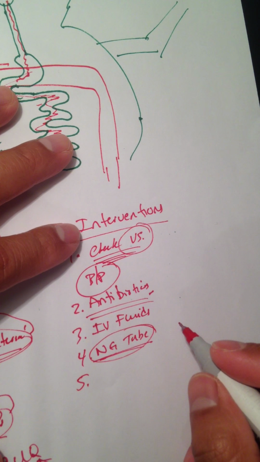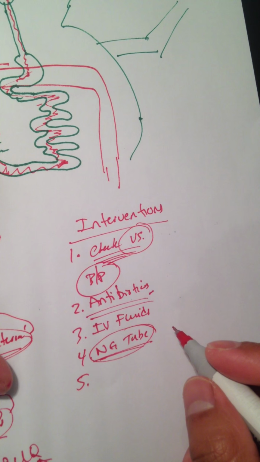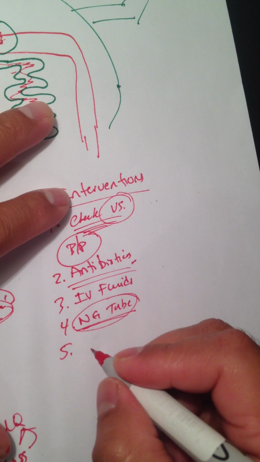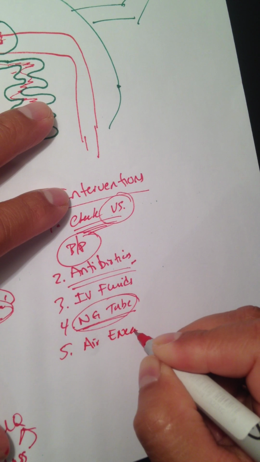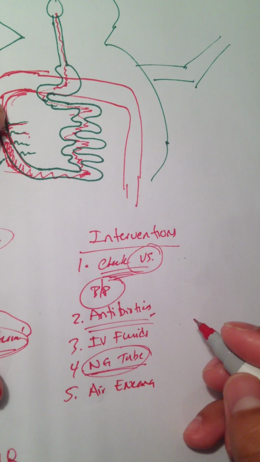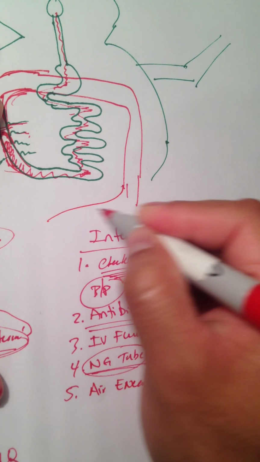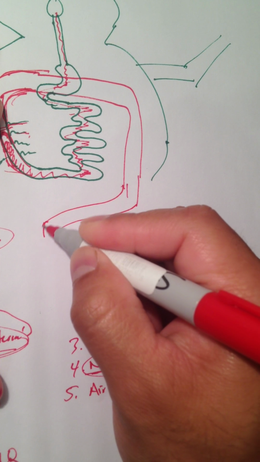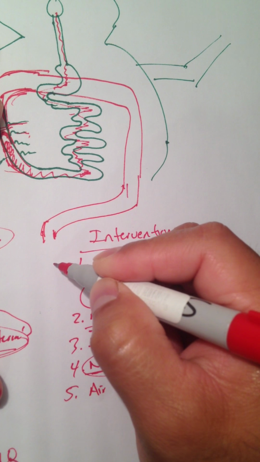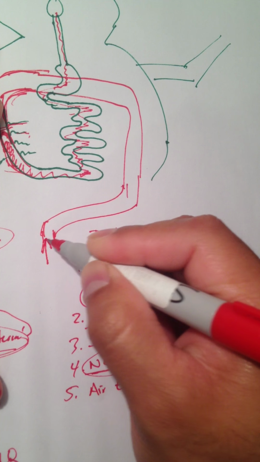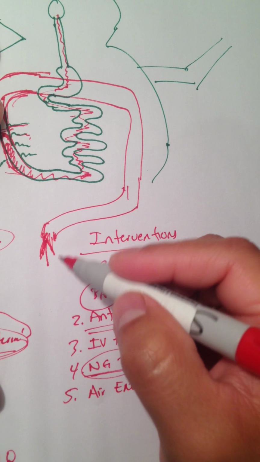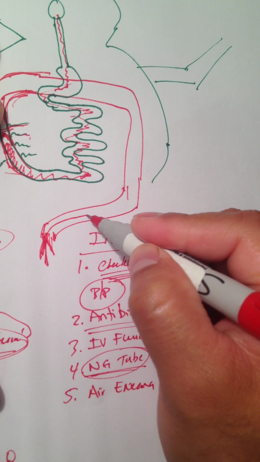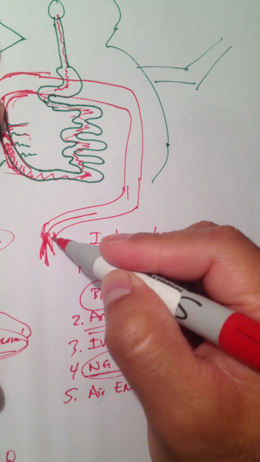Now, these patients may also be sent to the radiology department. Something like an air enema may be performed. And in that study, what will happen is they go to the radiology department and they will insert a tube through the rectum and they will pump either air or fluid into the sigmoid colon.